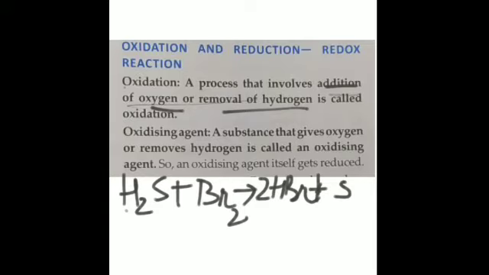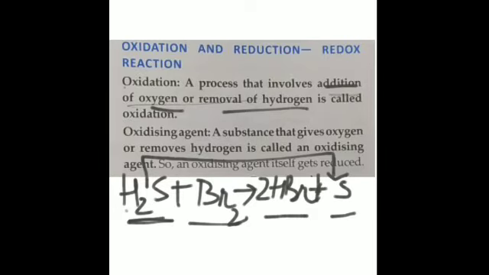So you can see in this reaction there has been a removal of hydrogen in this particular compound. So this is oxidation, and what is helping in this particular reaction? It is bromine. So this is an oxidizing agent.